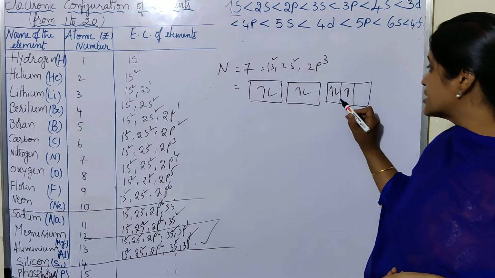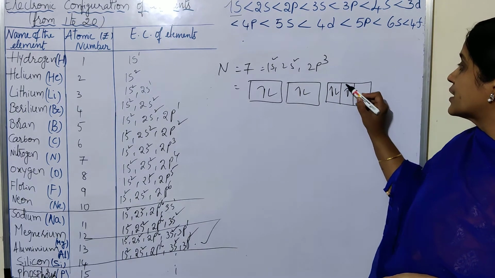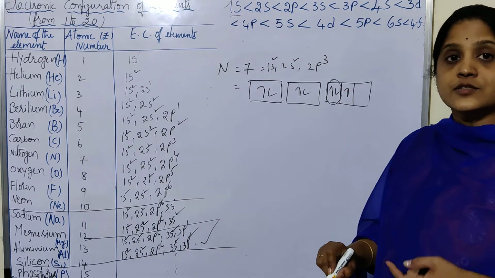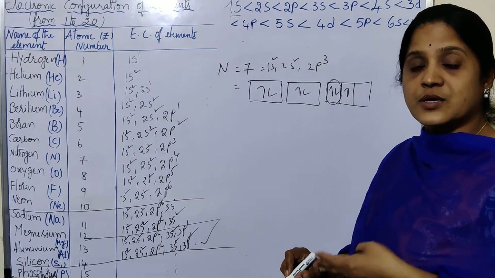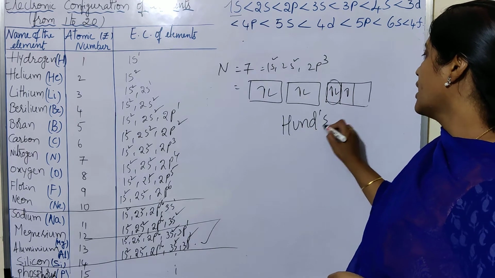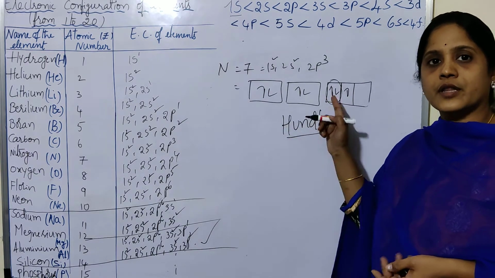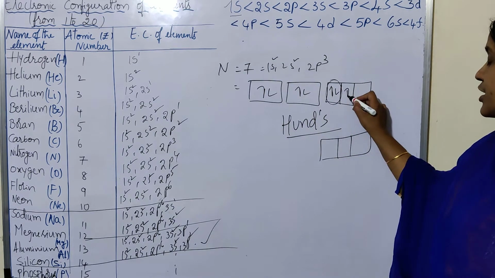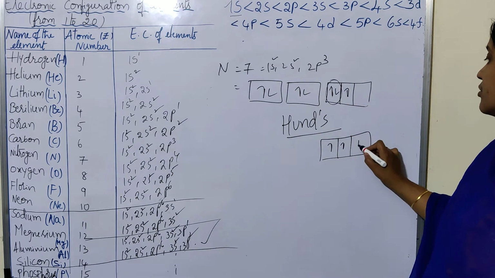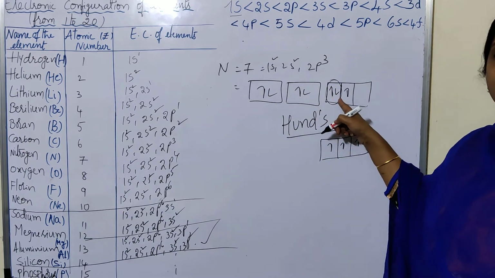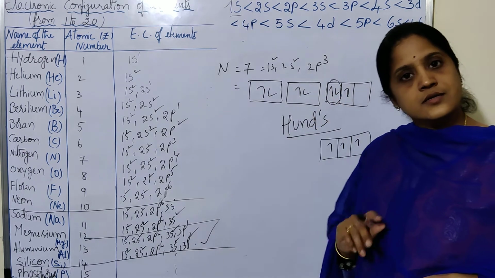But here you see there are 3 orbitals but they filled 2 electrons at a time in one orbital. So which rule does not support this? Hund's rule. Because according to Hund's rule, in the p orbital, out of 3 orbitals we have to fill one electron in each, but here they filled 2 electrons at a time. So Hund's rule does not support.